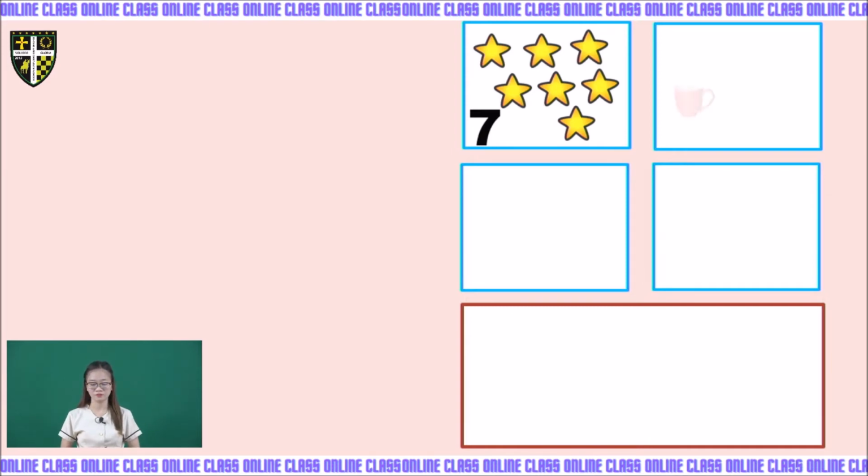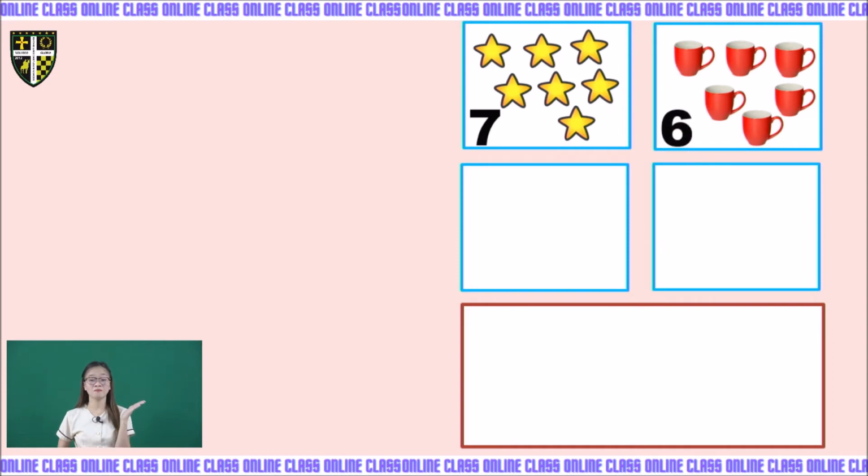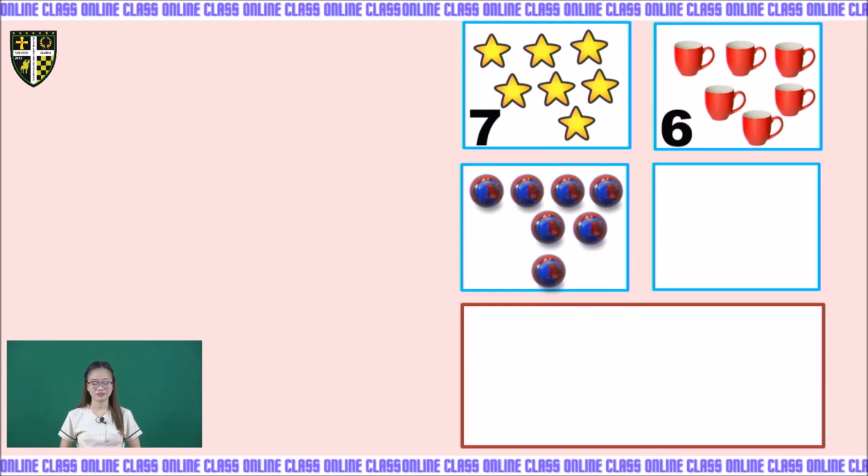Okay, next one. 1, 2, 3, 4, 5, 6. So we have 6 mugs for set B. Okay, next one. So we have 1, 2, 3, 4, 5, 6, 7, 8.